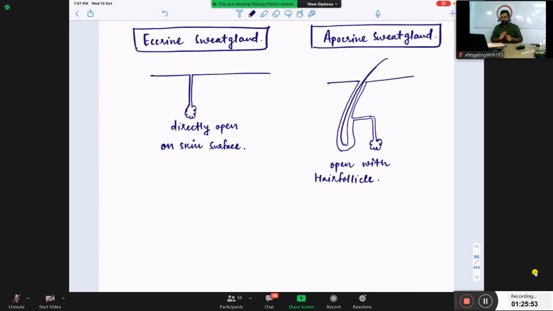So in your body, where will you see the eccrine sweat gland? Eccrine means everywhere. Remember like this, it is just a hack to remember: eccrine, everywhere. You will find this gland all over the body.